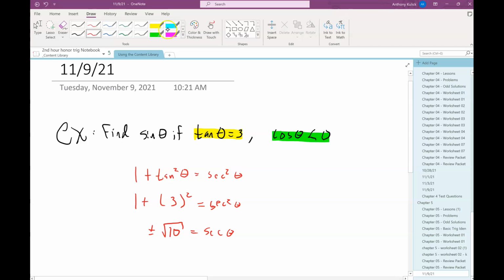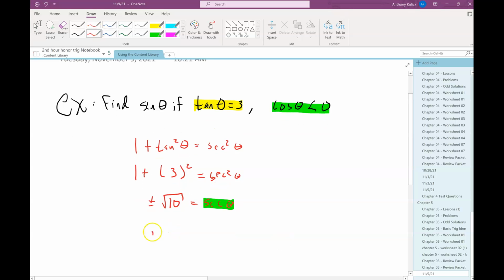And I know that secant theta is related to cosine theta, right? How are those related? They're reciprocals, right? Secant and cosine. So I can say that plus or minus 1 over the square root of 10 is equal to cosine.